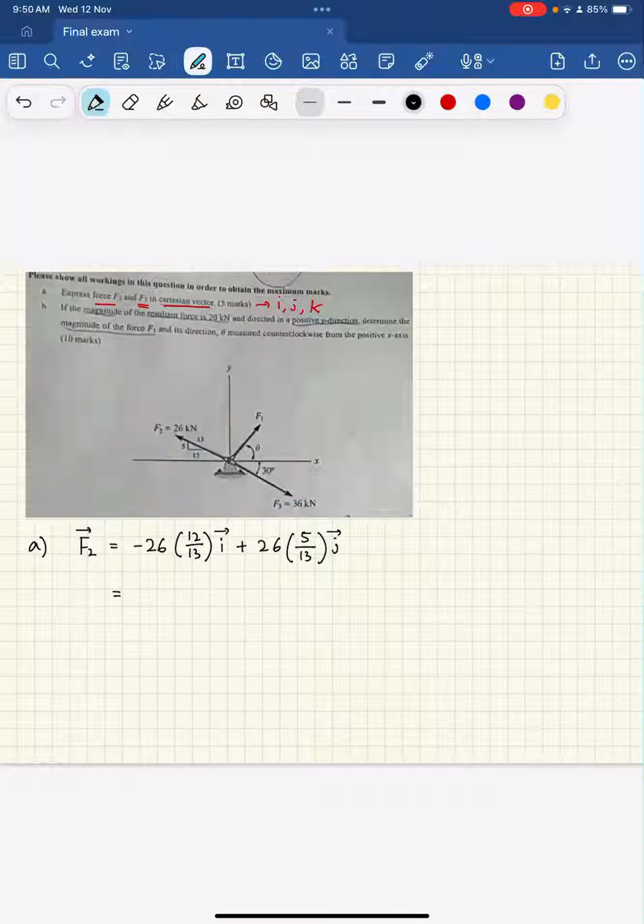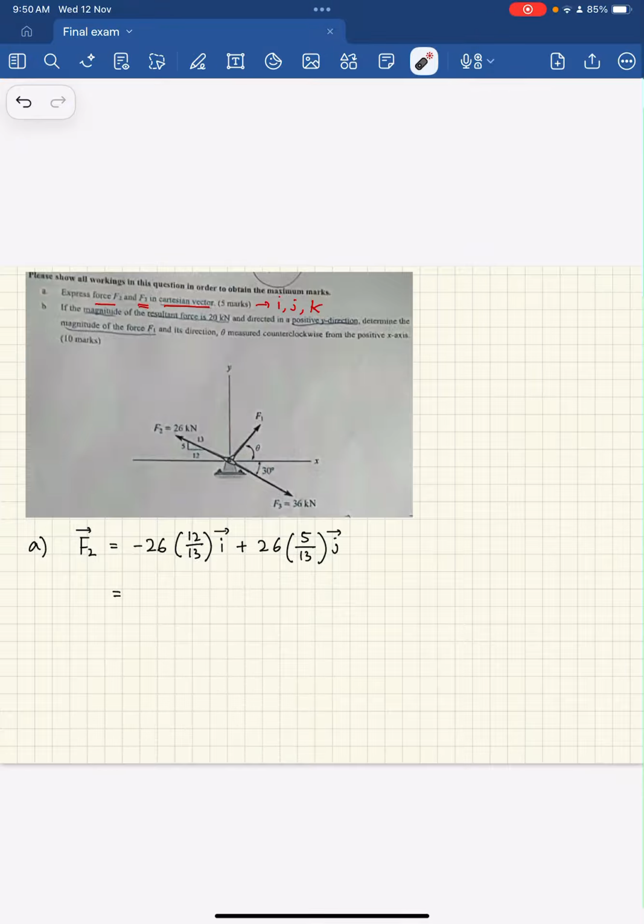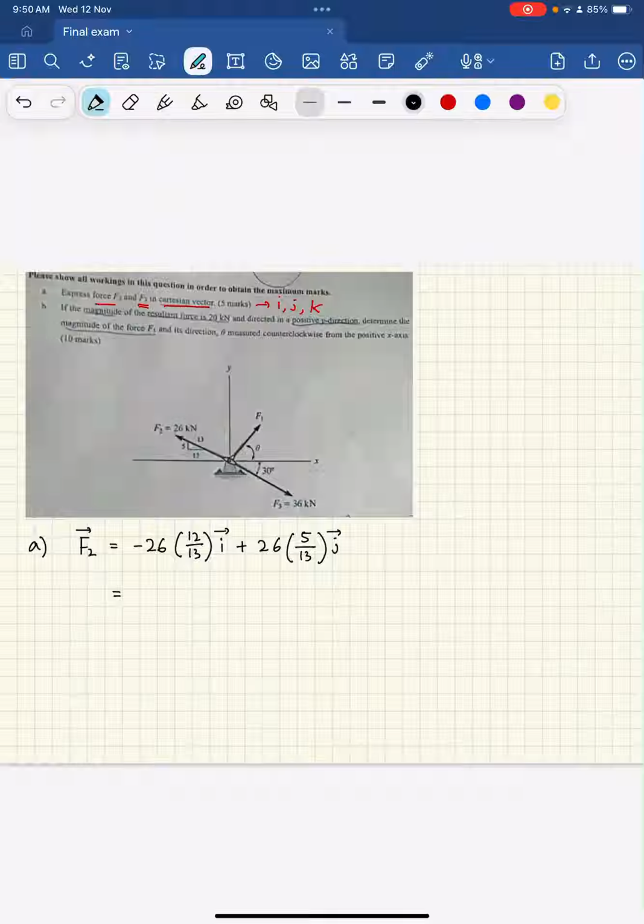And we don't have K, because this is only in terms of X and Y, so only two directions. If I simplify this vector with my calculator, it's just negative 24I plus 10J. So that's for F2.